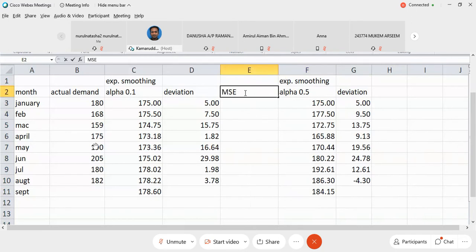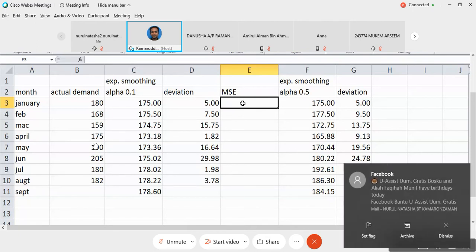Okay, using the short form, MSE is mean square error. The first step is to identify the deviation of the forecast from the actual demand.